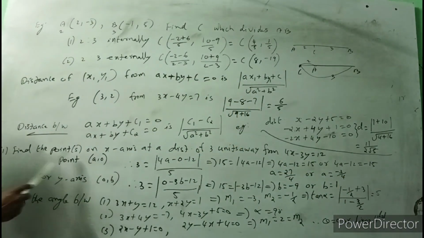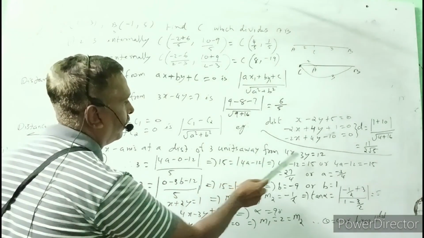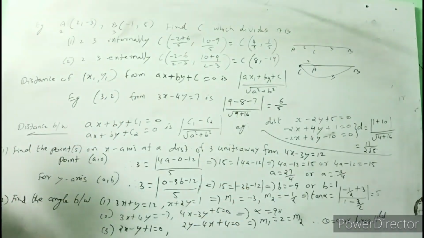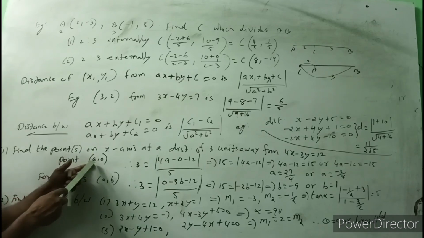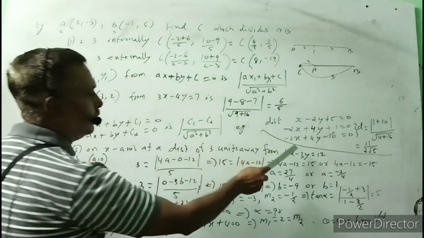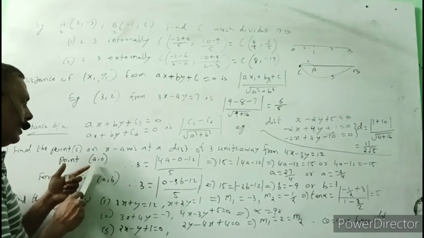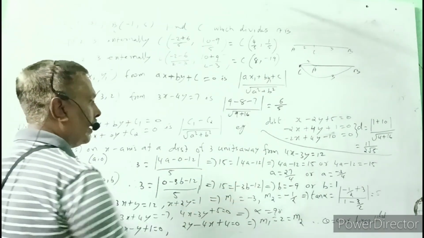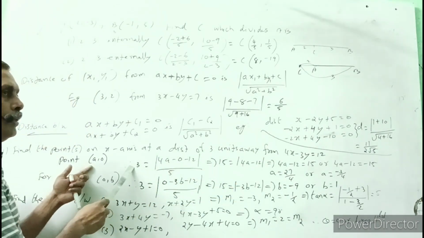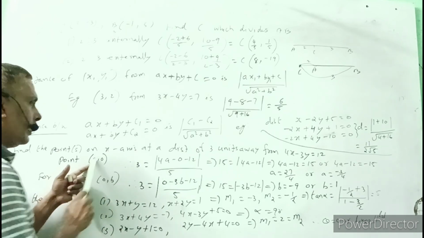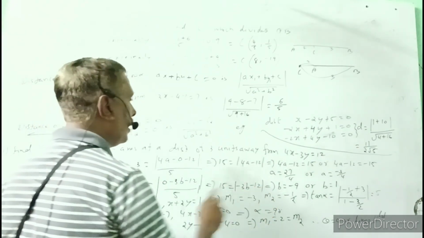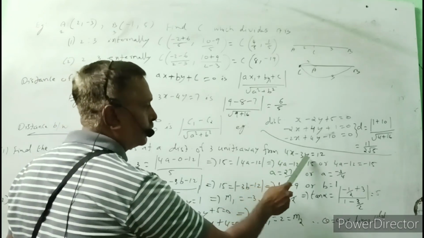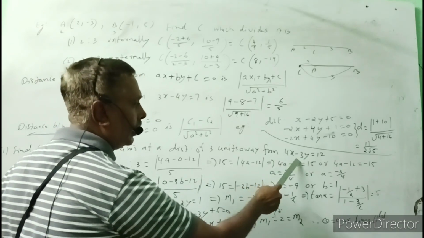So one question is here, find the point on x-axis at a distance of 3 units away from this line. So on x-axis we are taking the point as a comma 0. Now the distance from a,0 to this line is given as 3. So this distance 3 must be equal to modulus a I am putting on this line 4a minus 0 minus 12 divided by root of 4 square plus 3 square, a square plus b square.